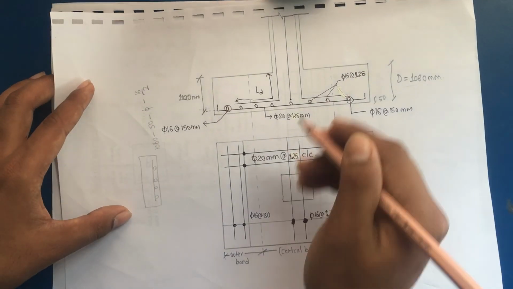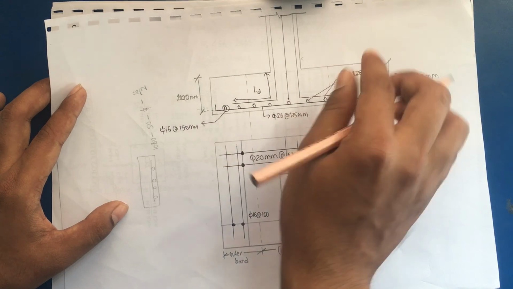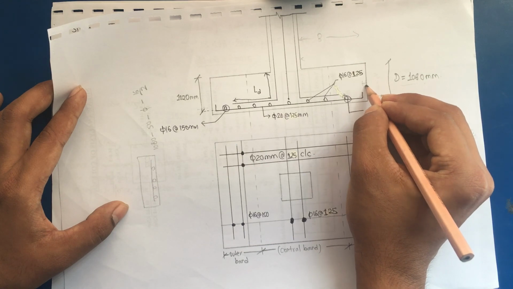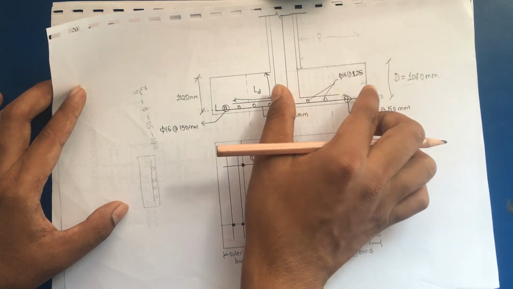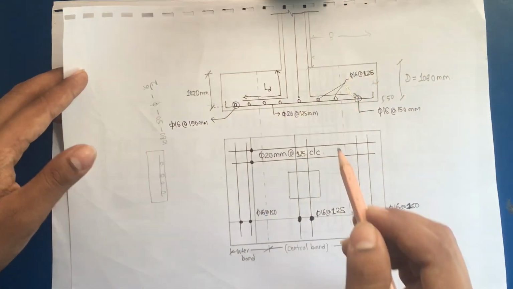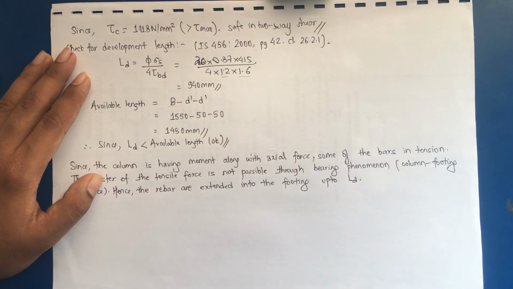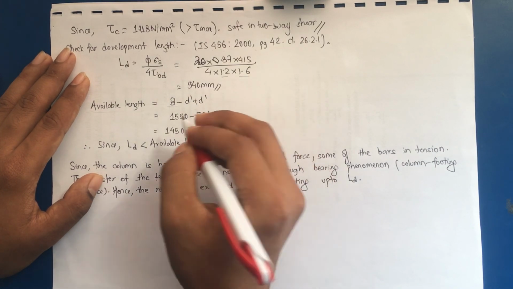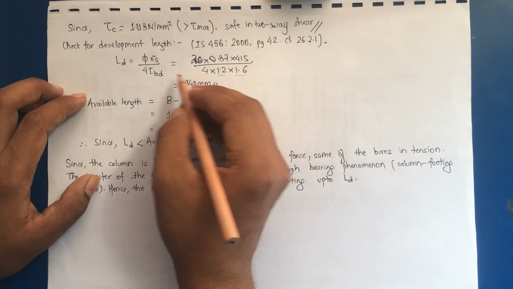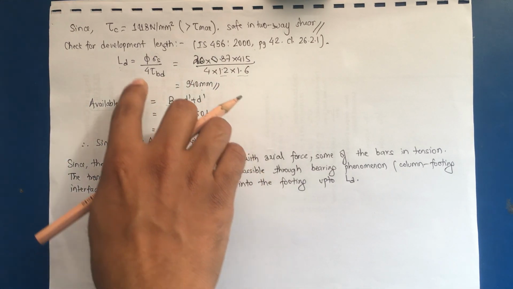What I am trying to show is, if we consider this as the shorter edge for now, although it is a longer edge, so this is B, we will have a clear cover at this edge and for the column as well, so it will cancel itself, so the remaining length available will be B. So available length will be equal to 1550. And since LD is less than the available length, it is okay, there is no restriction for the development length.